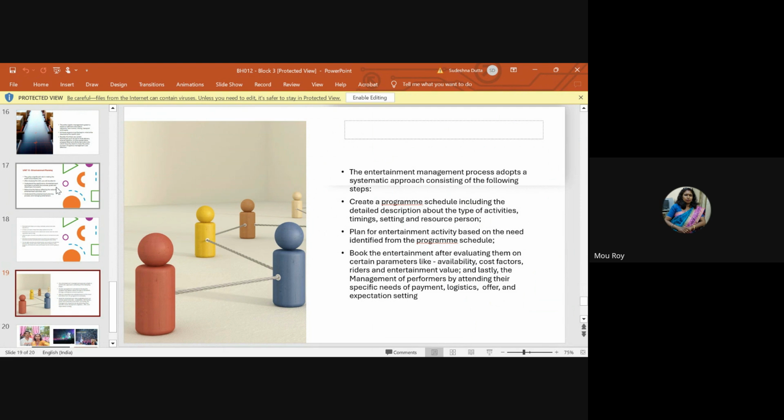Plan for entertainment activity based on the need identified from the program schedule. Book the entertainment after evaluating them on certain parameters like availability of the venue, cost factors involved, riders and entertainment value. Lastly, manage the performance by attending to the specific needs of payment, logistics, offer, and expectation setting. So that was the last slide.